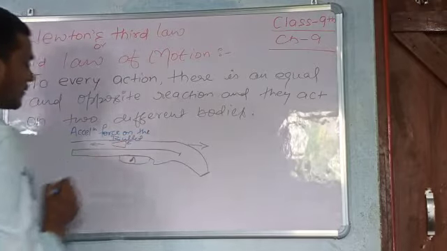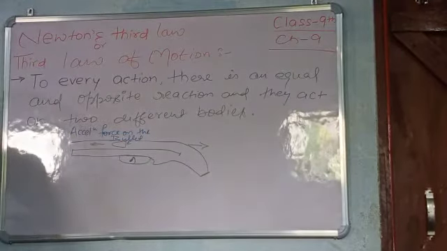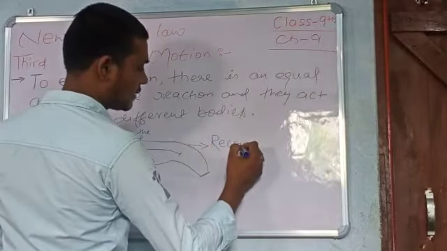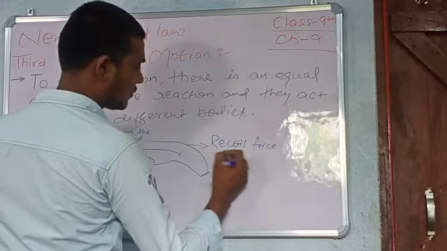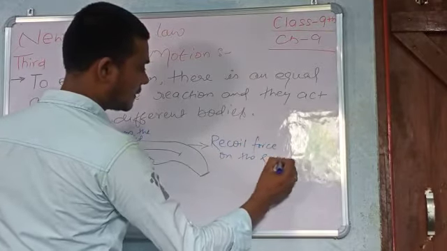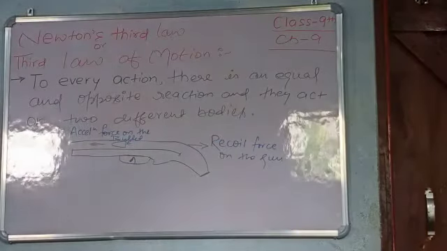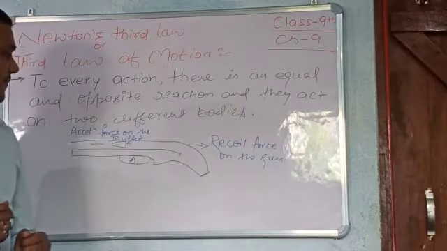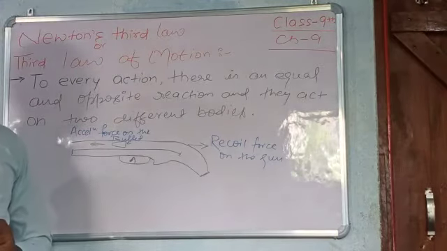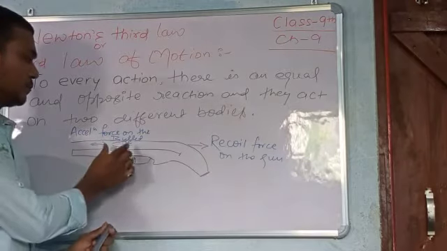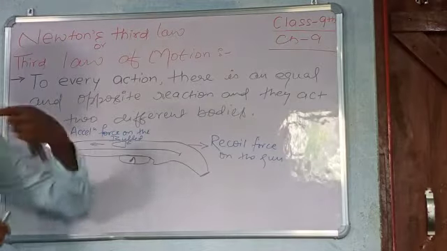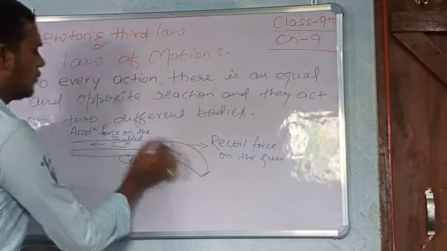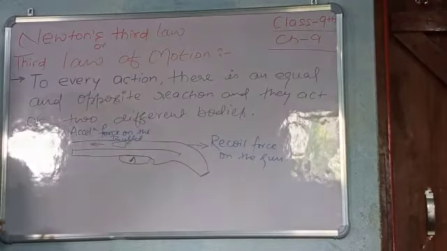So this is the bullet of this gun. And there is a recoil force on the gun. When you fire a gun, the bullet accelerates from v equals 0 to v equals 200 meter per second, whatever the speed of the bullet.